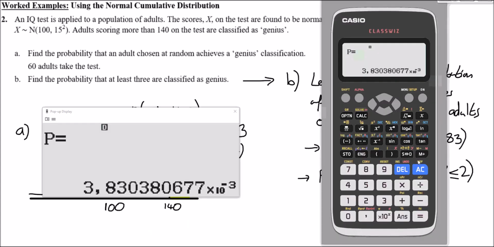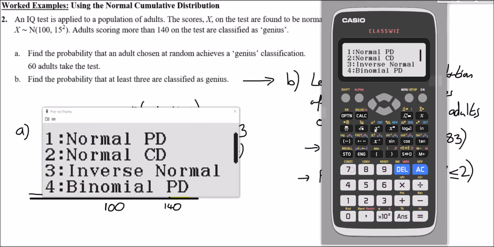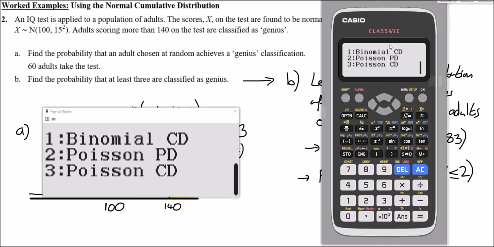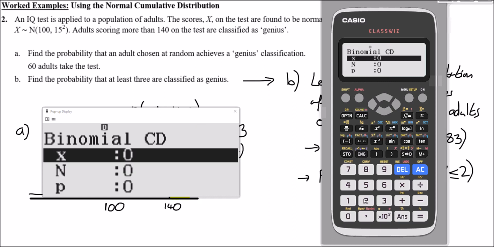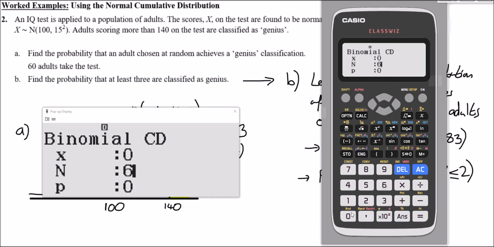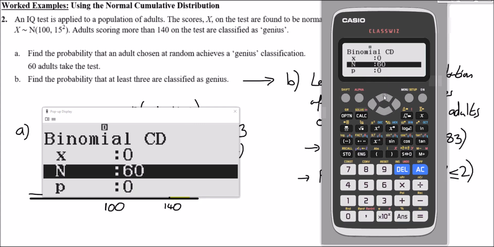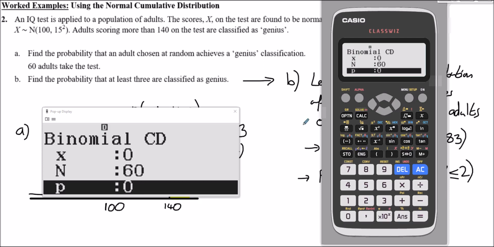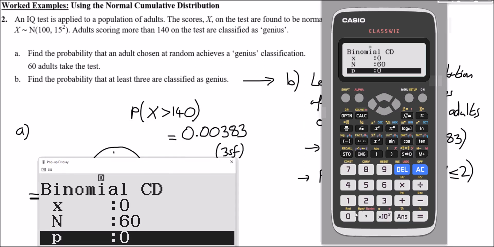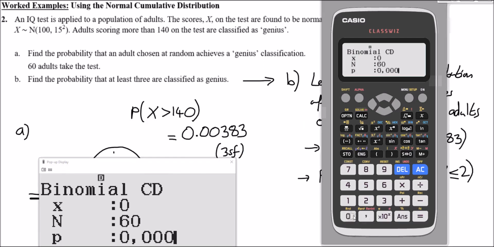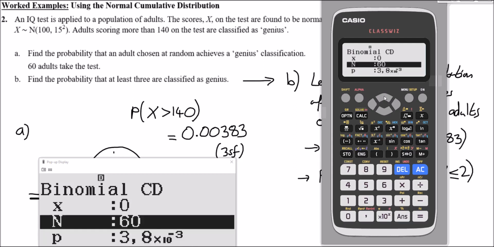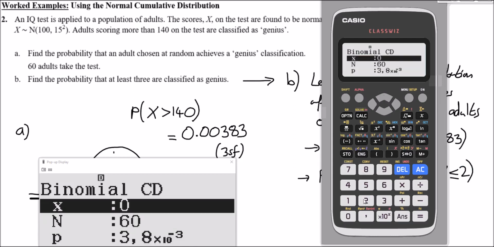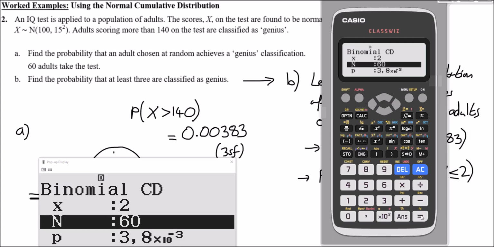So we go to menu, option 7, press down to get to binomial CD, and press 2 for variable. The number of people is 60. The probability of a genius being observed is 0.00383. And we want to find the probability of 2 or fewer geniuses. So type 2, press equals and equals again.